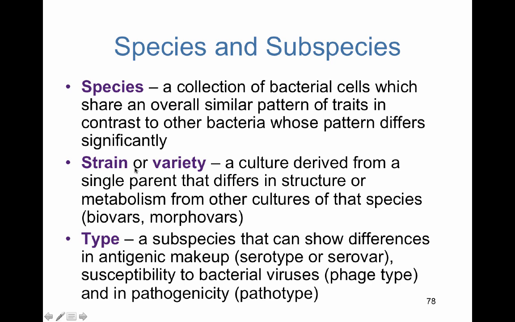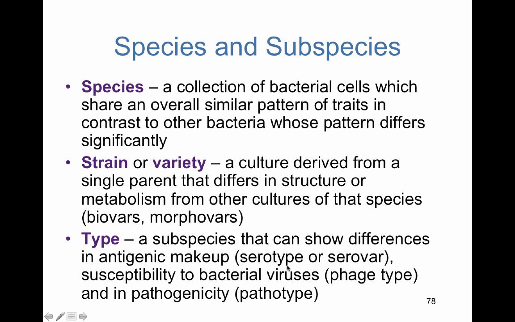Now, for a strain within a species, you may have a modified protein structure or a modified enzyme that participates in a particular metabolic process. This can also be referred to as a variety. Bacterial type can show differences in antigenic makeup.